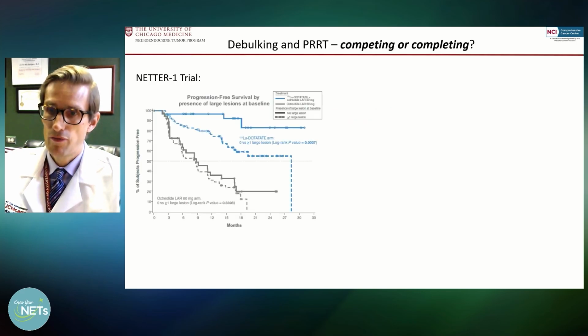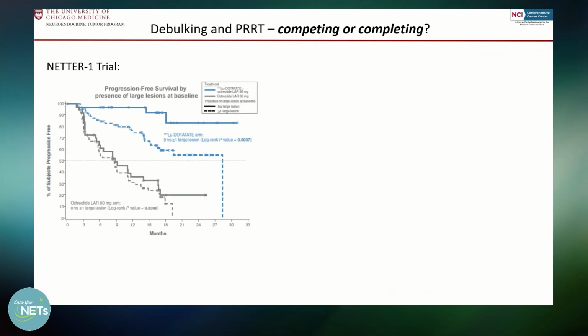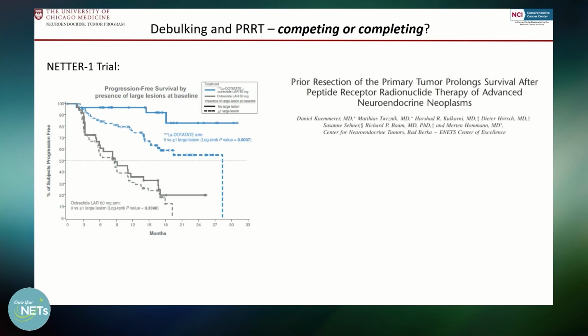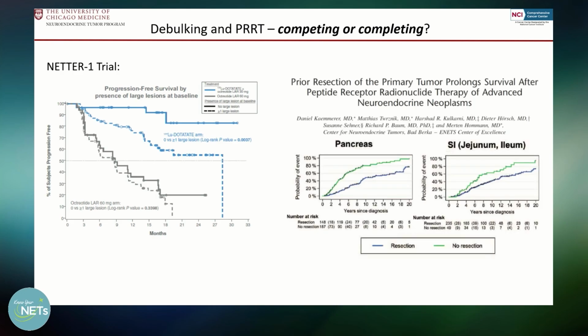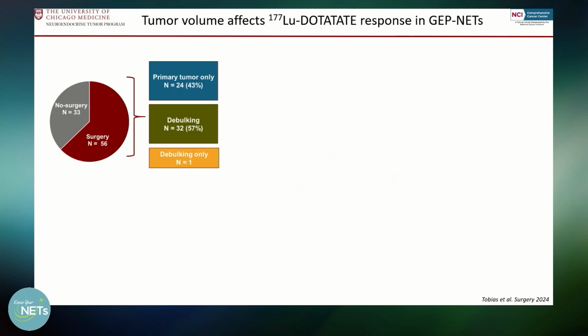There were a few initial hints in the NETTER-1 trial suggesting that patients that had larger tumors did not respond as well to PRRT than when the lesions were smaller in the liver. There have been some other trials out of Europe that showed that removing primary tumor mass would actually improve the survival of patients receiving PRRT.